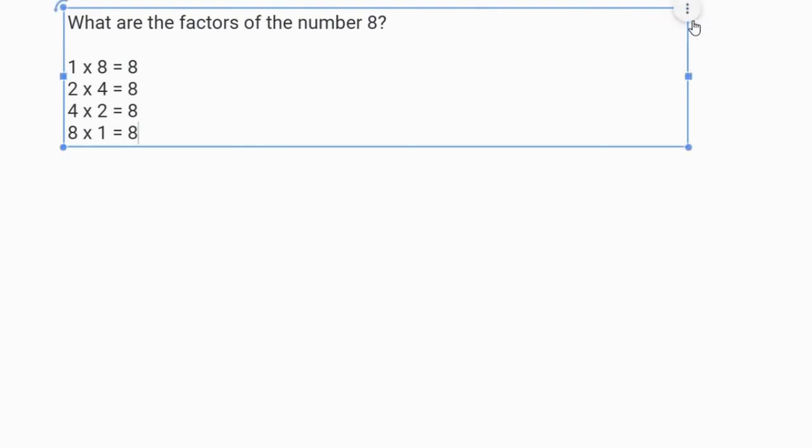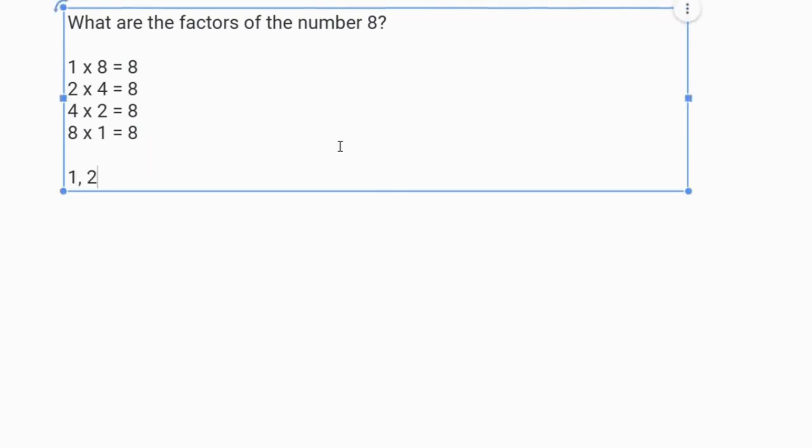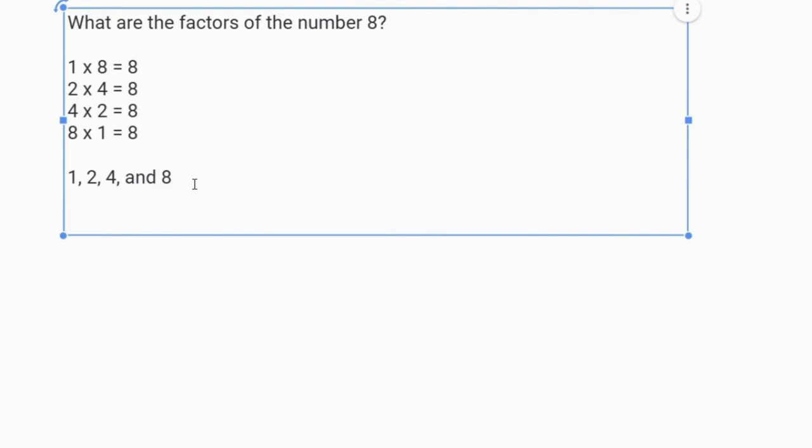So we got all these numbers, 1, 2, 4, and 8. And when we multiplied them with other numbers, they gave us the number 8. So that means these are all factors of the number 8. The golden number, when it's divided by its factors, the remainder is always 0, and the quotient is always a whole number.